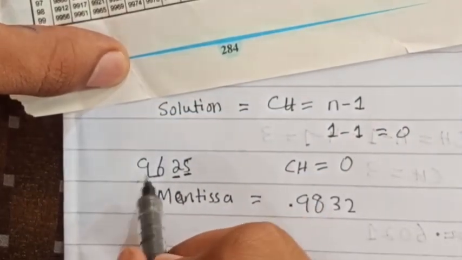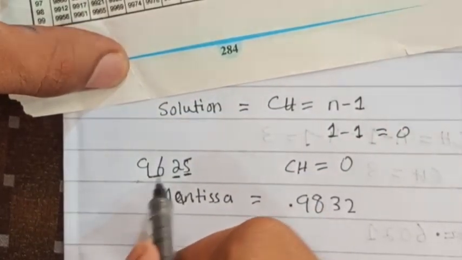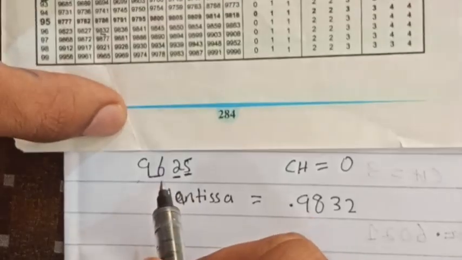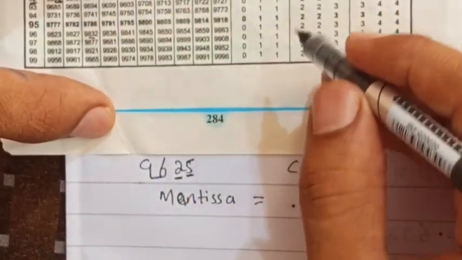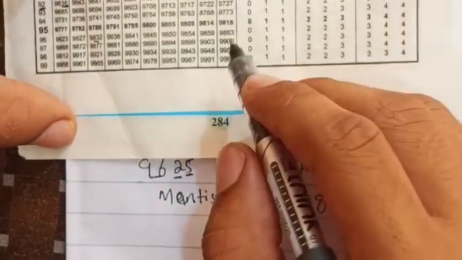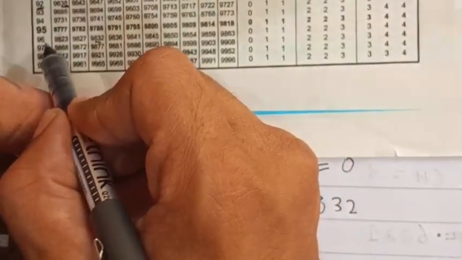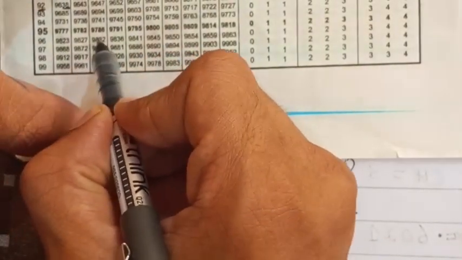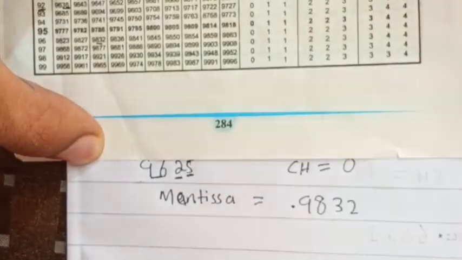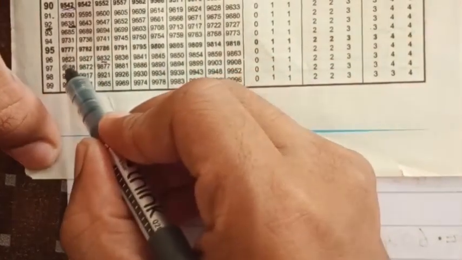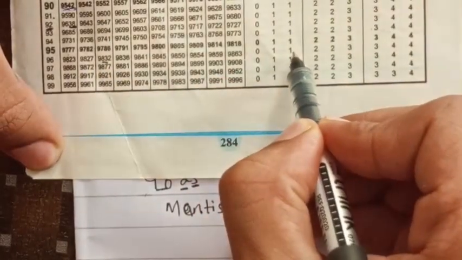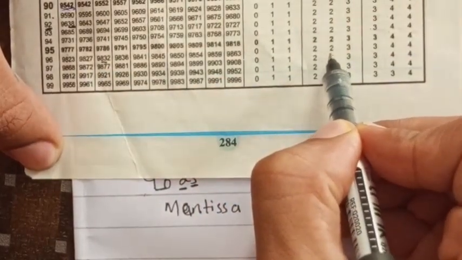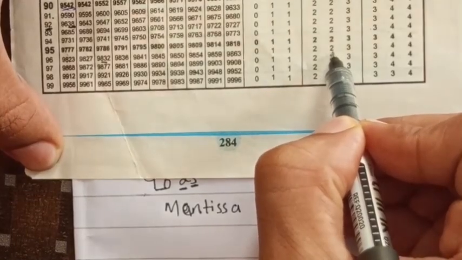Now I am supposed to find 96 in the mean difference column, for 5. Here is the mean difference column. The value of 96 in the fifth column is 2.